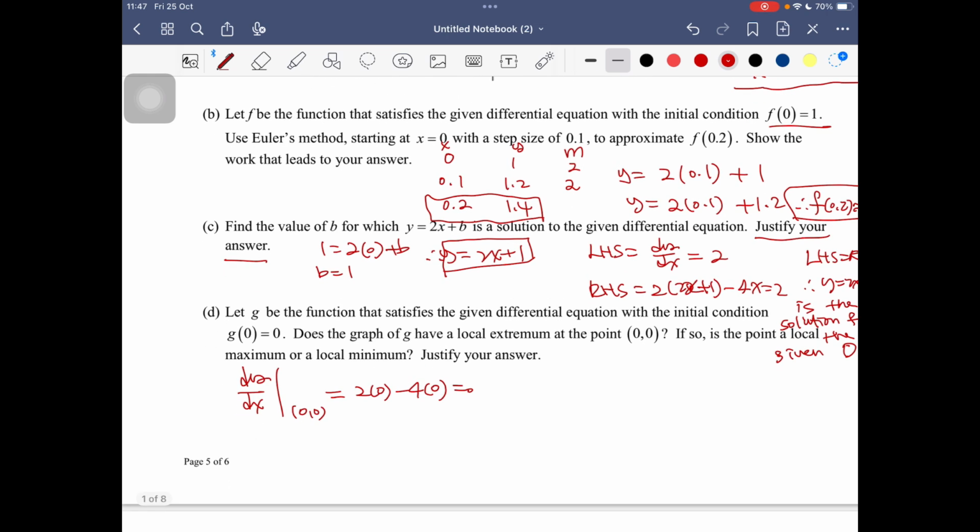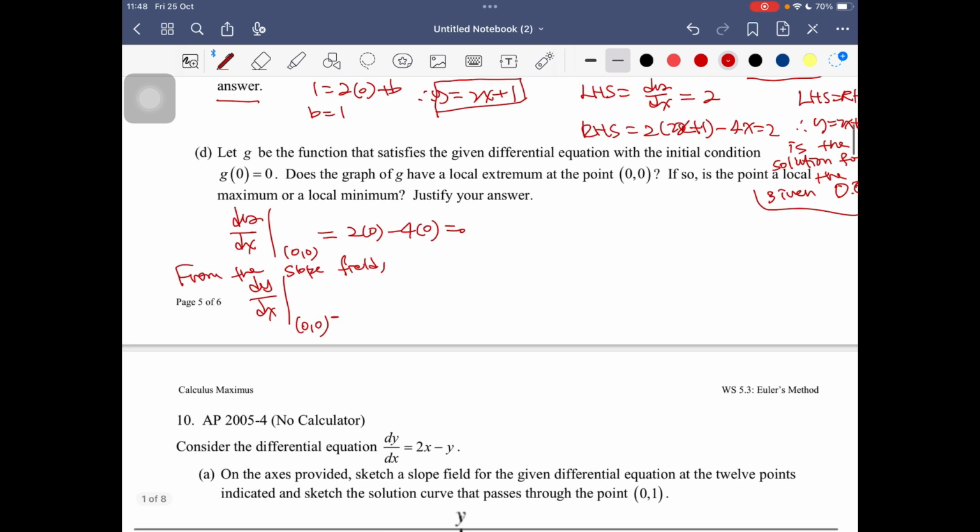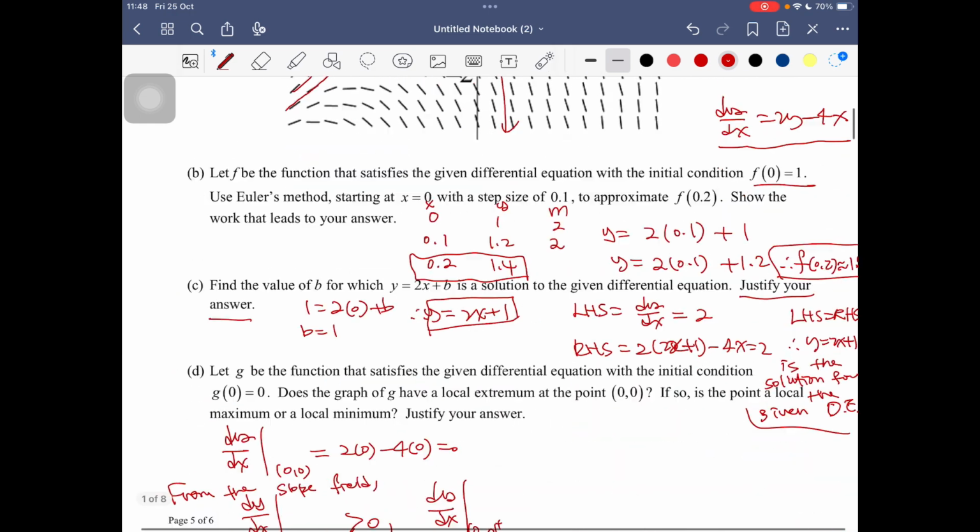And dy/dx on the left side seems positive, on the right side it is negative.